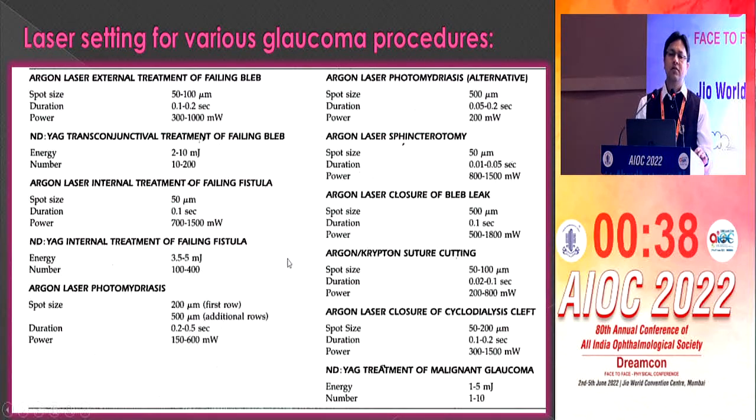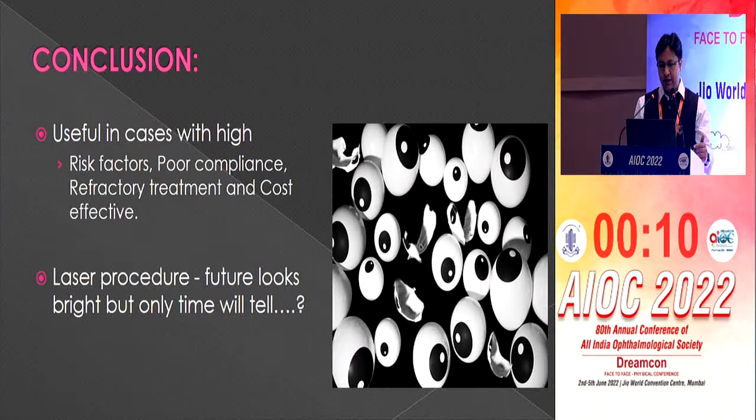Anything you want to do with laser, at least keep a snapshot of this slide or put it on your table so that your fellows and residents are much more comfortable. Just like the checklist we use every time we give an intravitreal injection, similarly, this is the list for the lasers. Whatever the setting is important, and you have to know all the settings in the laser.